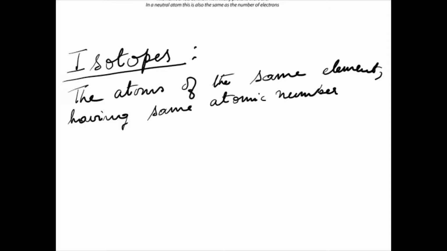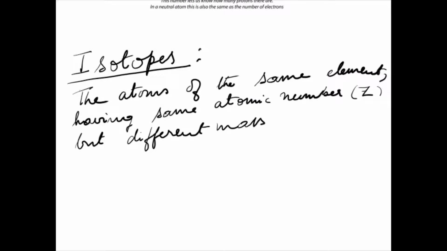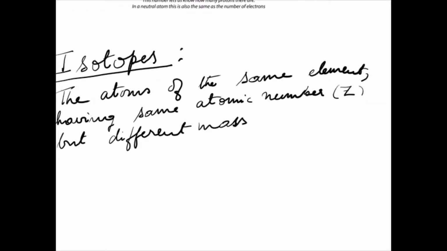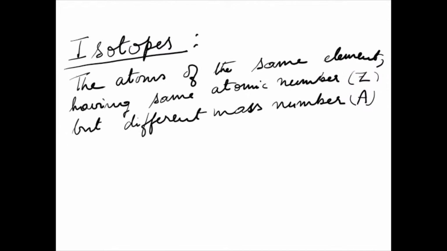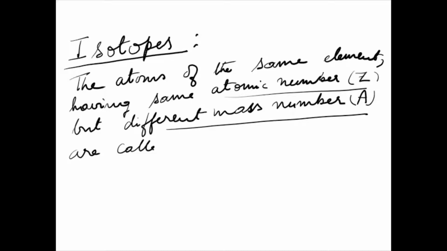We denote atomic number by which letter? Z, but different mass number, we denote it by A. So atoms of the same element having the same atomic number but different mass number are called isotopes. Okay, so isotopes only differ in their physical properties.